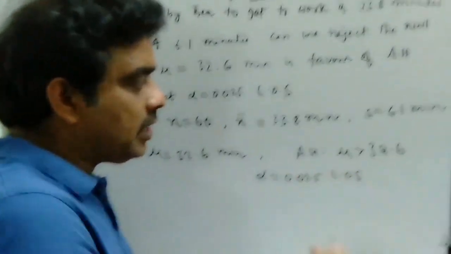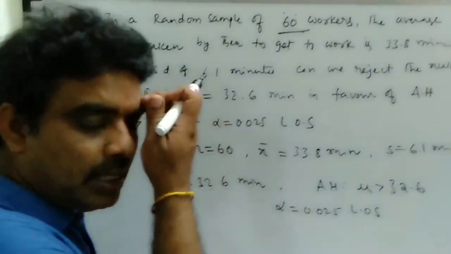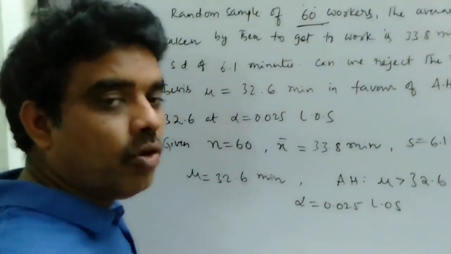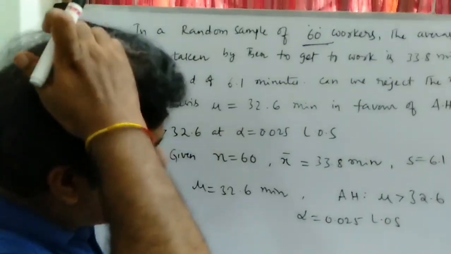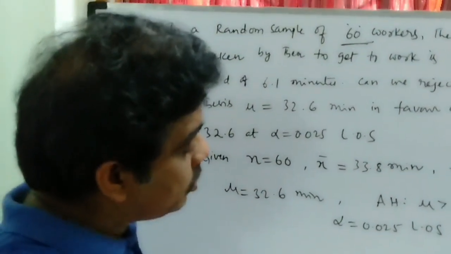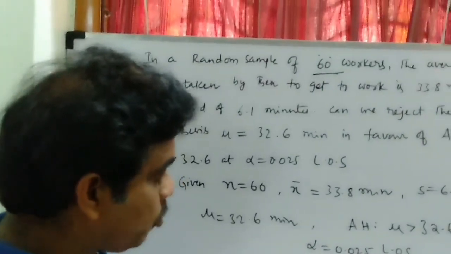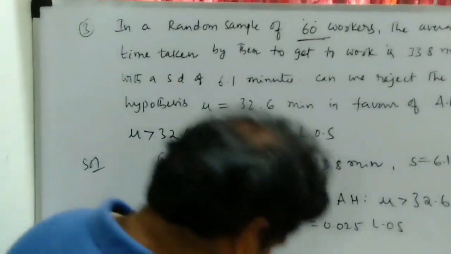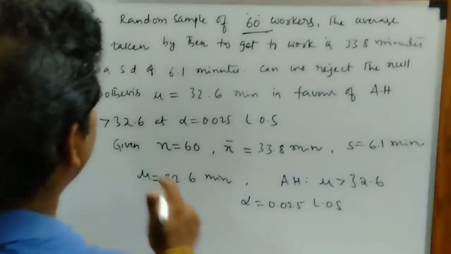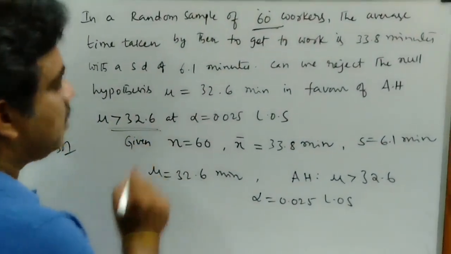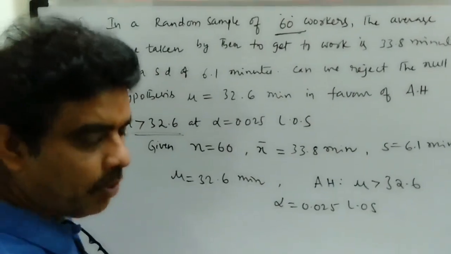The alternative hypothesis is given for a single tail test. Since the problem mentions it, we have to go for the single tail test for finding the z value, and alpha is equal to 0.025 level of significance, 2.5%. Here the single tail test is to be used because it is greater than 32.6, the right alternative hypothesis.